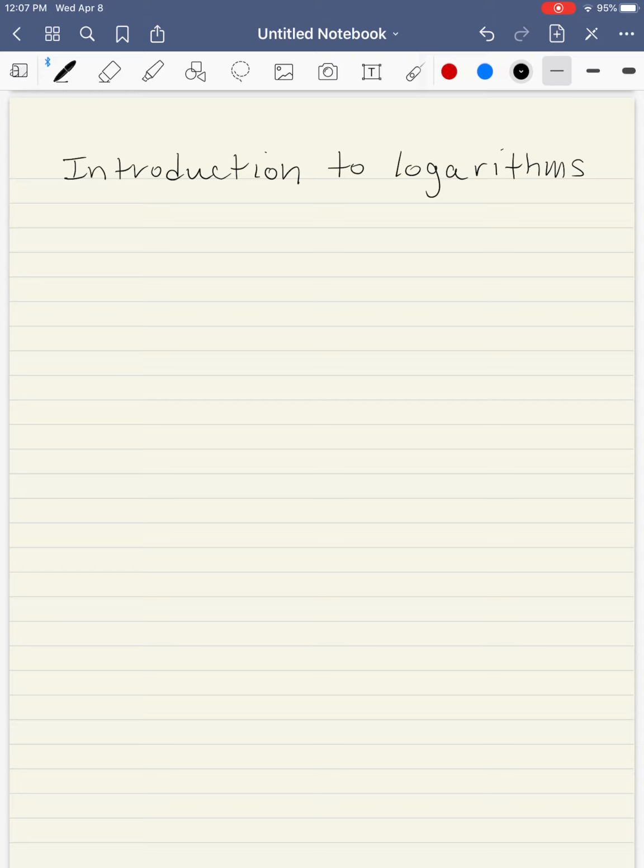In other words, if we have a function y equals some number a to the x power, and that a, remember, was a positive number and not equal to 1, we saw that if we graph that, we had a graph that looked something like that, depending upon how large or small the number a was.